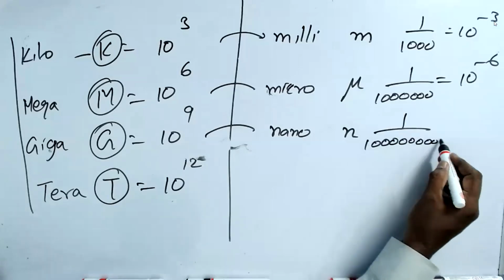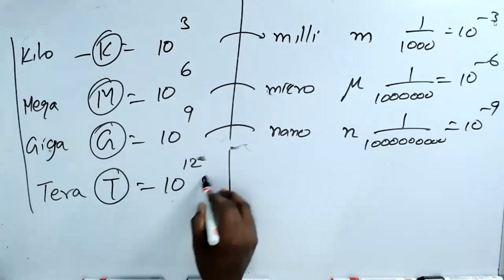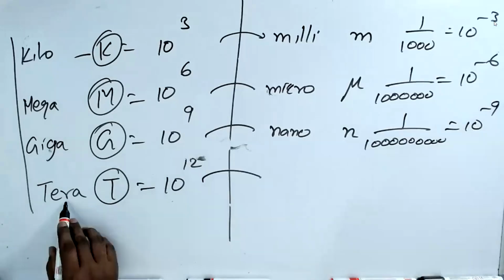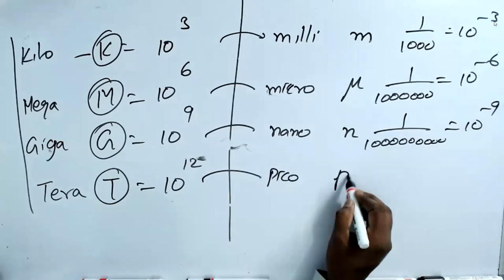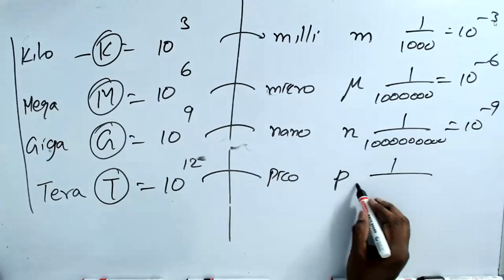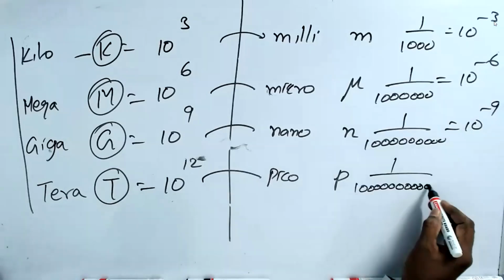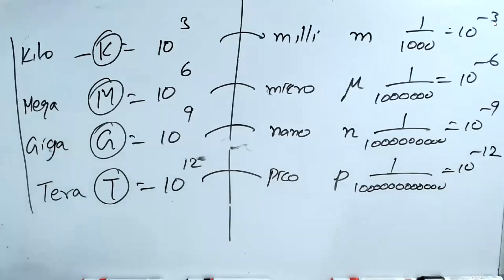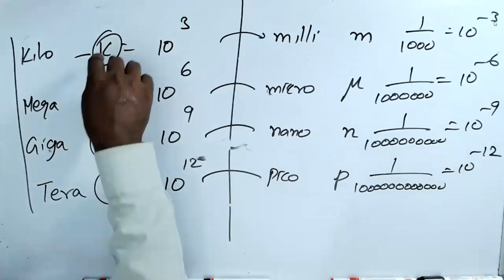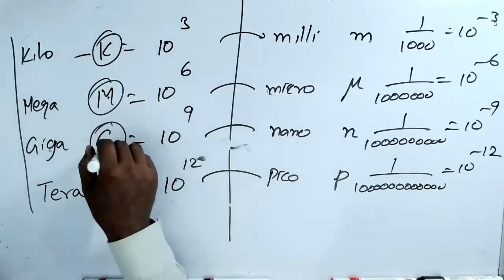The opposite of tera is pico, p, 1 by 12 zeros, 10 power minus 12. You understand now? This is what you will be using: 4 plus 4, 8. Kilo, mega, giga, tera, milli, micro, nano, and pico.